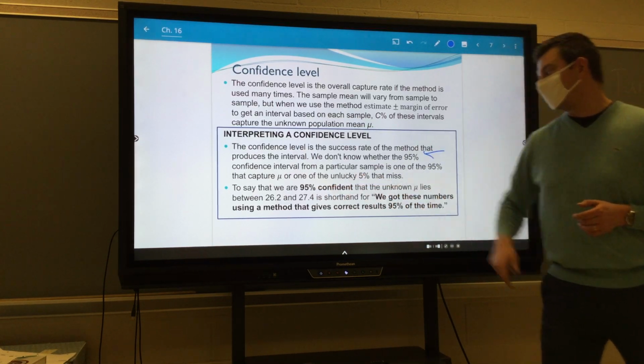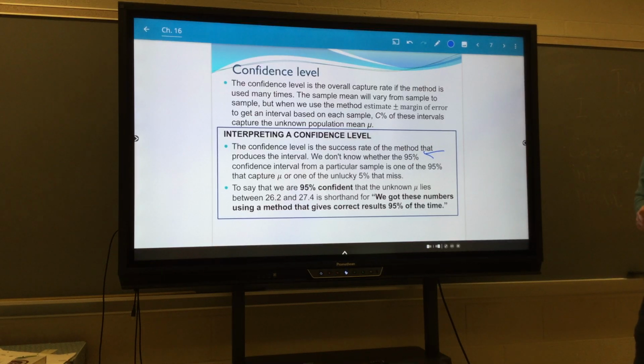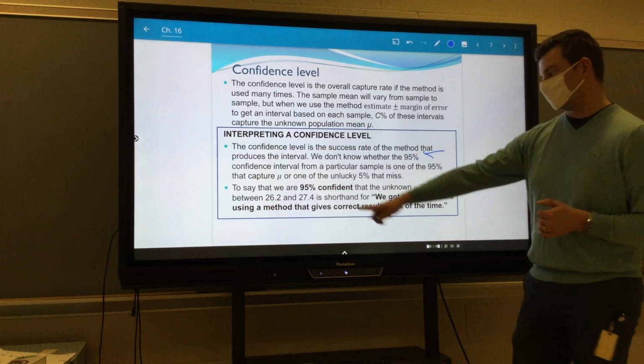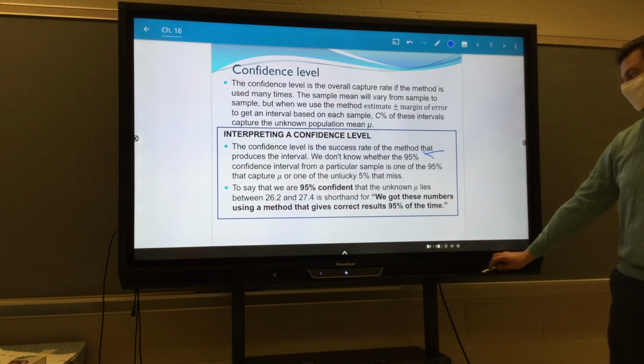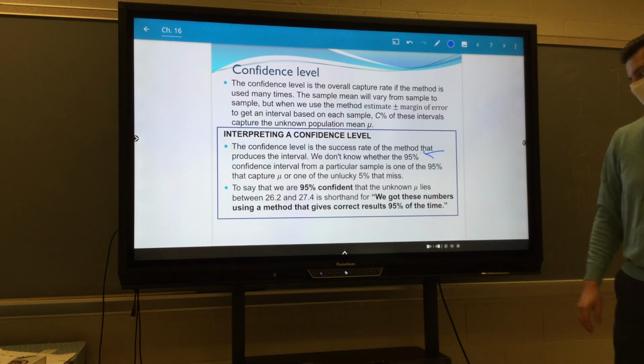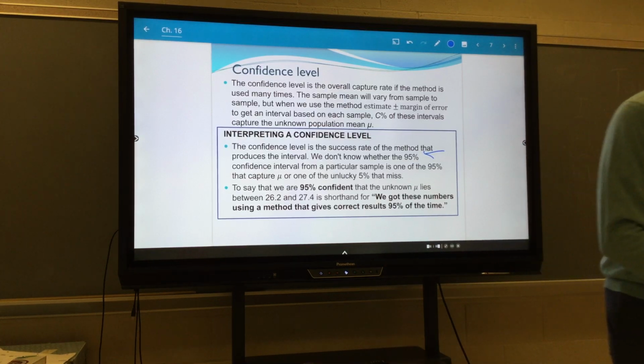To say that we are 95% confident that the unknown mu lies between 26.2 and 27.4 is shorthand for saying we got these numbers using a method that gives correct results 95% of the time. Let me show you a simulation here that helps, I think, demonstrate this a little bit. One second while I flip screens.